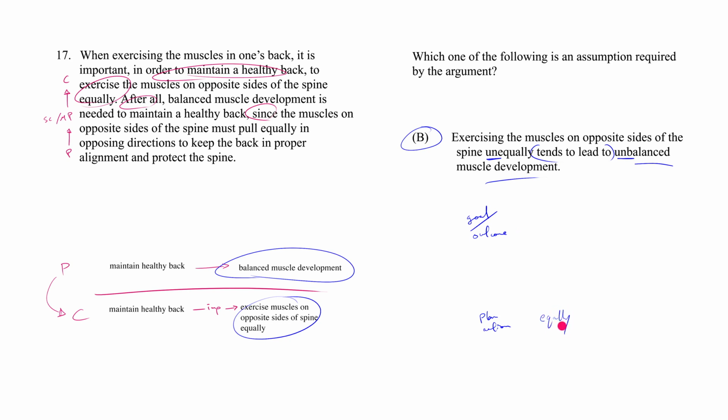Exercise left and right muscles on their back equally, or not equally. There really aren't too many other options here, and this just has to do with the nature of what we're talking about. Similarly for the outcome, you really have two options. One is you end up with balanced muscle development, or alternatively, it's not balanced, okay?